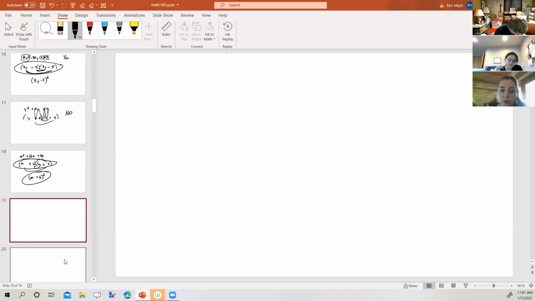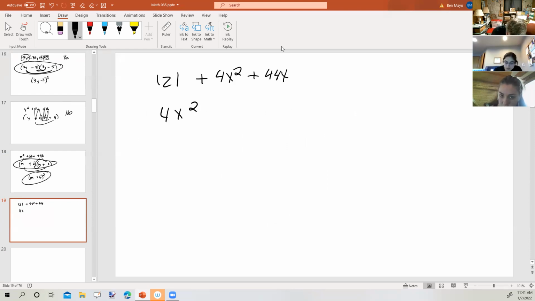How about this one? 121 plus 4x squared plus 44x. Well, this is not in standard form. So the first thing we're going to do is put it in standard form. Okay. It starts with a square, it ends with a square, and there's a plus sign in front.